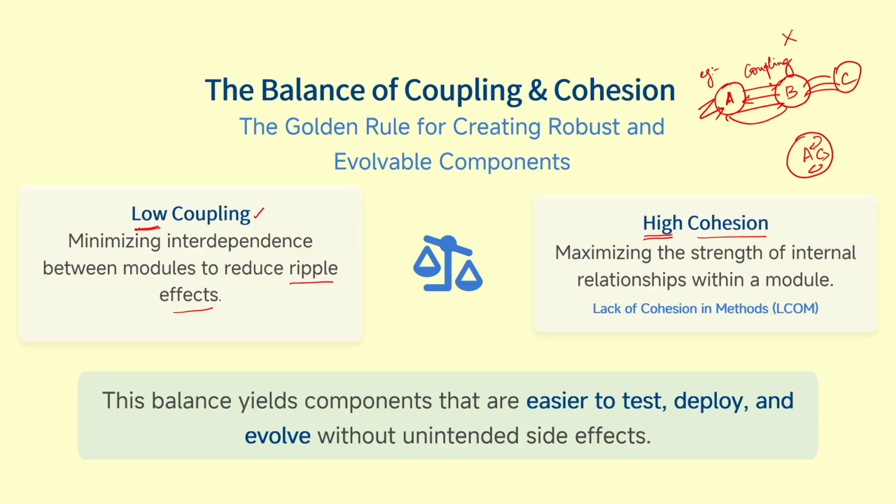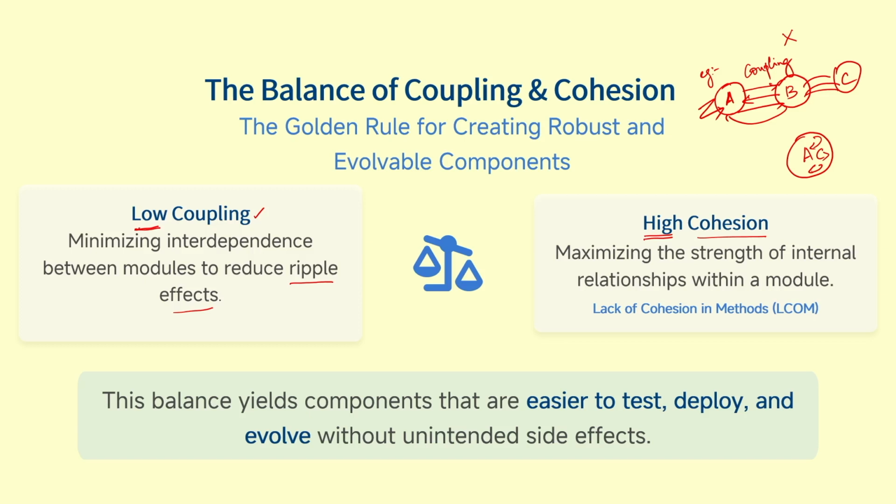So the coupling should always be less: the amount of interactions with other modules should be less, and the interaction within the module should be high. This balance will yield components that are easier to test, deploy and evolve without unintended side effects.